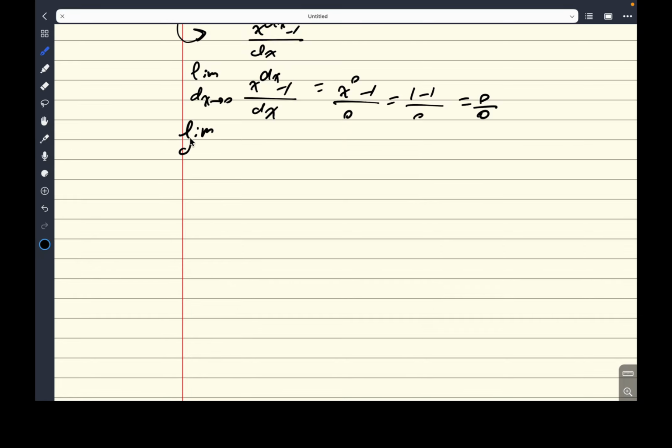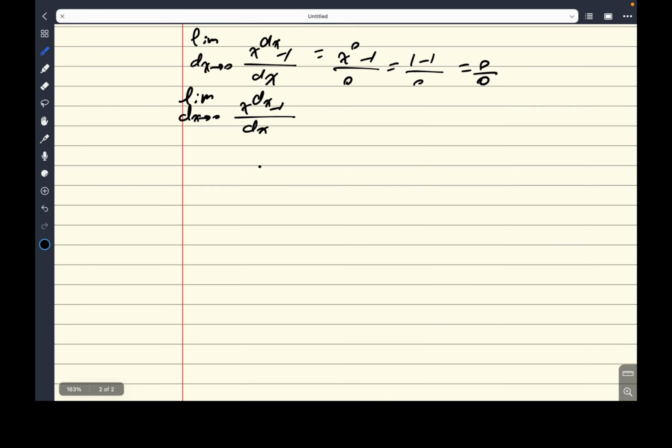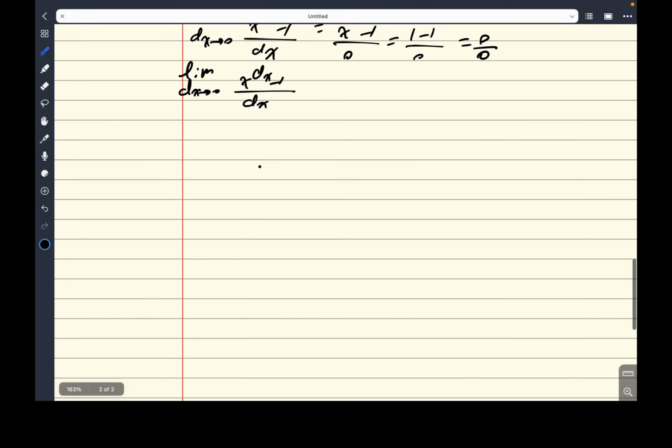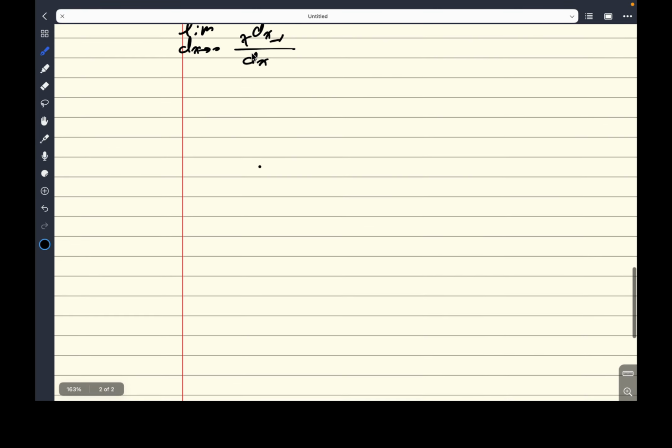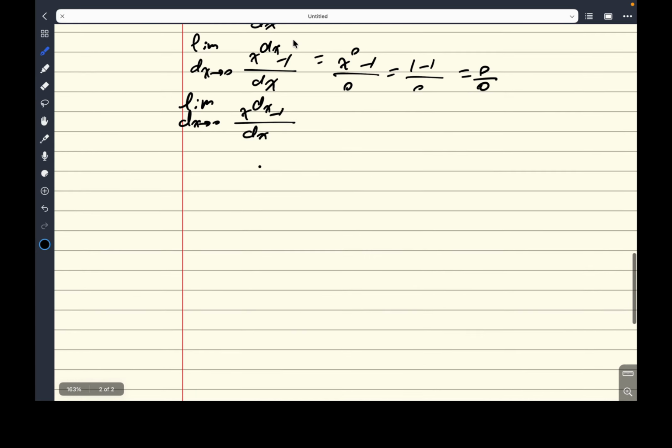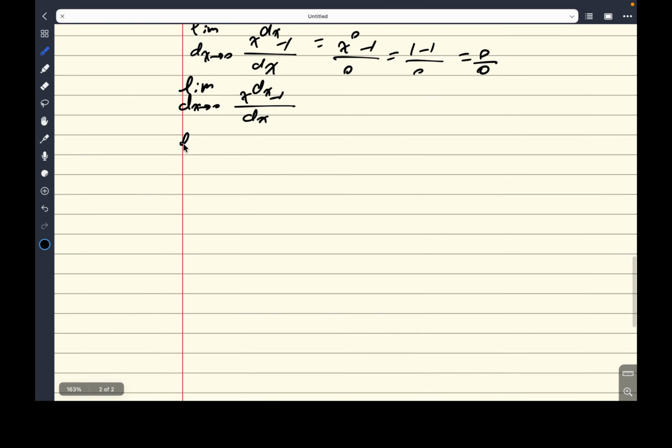My limit as dx approaches 0 of x to the dx minus 1 over dx. What I'm going to do here is take the limit of both sides, but I'm going to call dx h for convenience, as h approaches 0 of x to the h minus 1 over h.